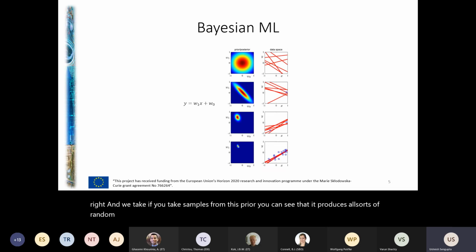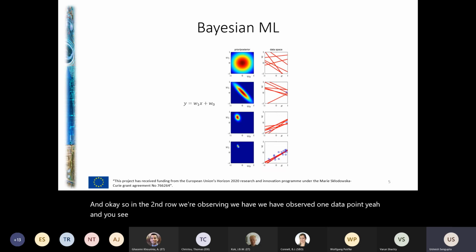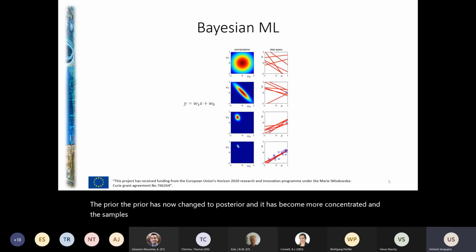In the second row, we have observed 1 data point, and after observing it, the prior has changed to a posterior, and it has become more concentrated, and the samples from that posterior now pass pretty close to that 1 observed data point.